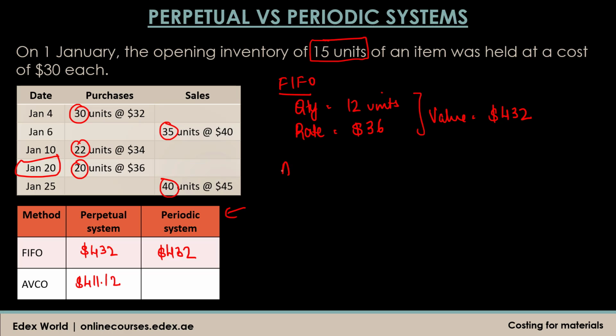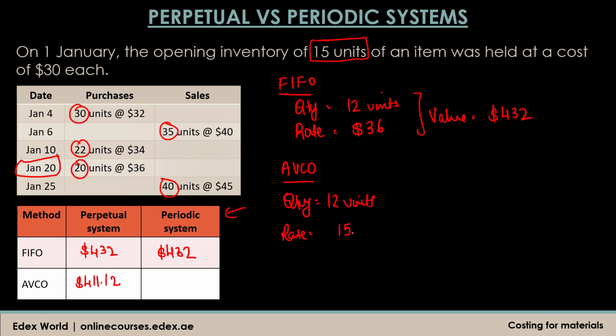Now I'm going to use the average cost method. So under average cost method, our first step is to calculate the average cost of materials received during the entire month. So quantity still remains 12 units here. But for rate, I will have to do the calculations. So I'm going to take up the opening items and the purchases and see what is the average cost.